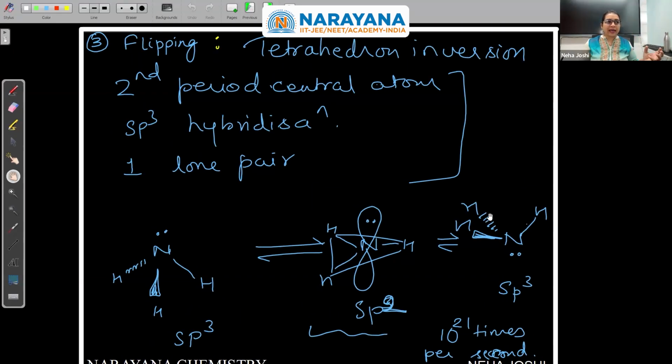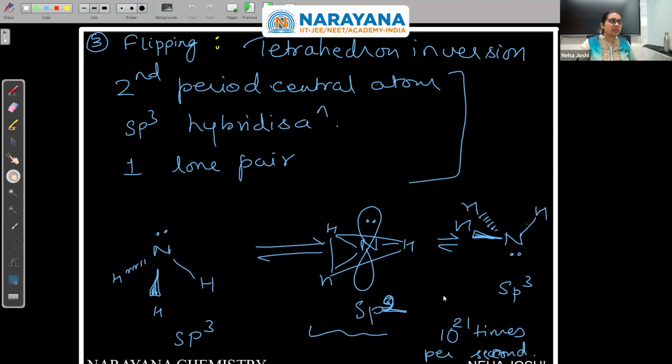So when a proton attacks, the probability of hitting the right orientation to form the conjugate acid is decreasing. Even if I assume flipping is decreased from 10 to the power 21 times to 10 to the power 10 times, it is still way beyond the situation where I can say it is not affecting anymore.